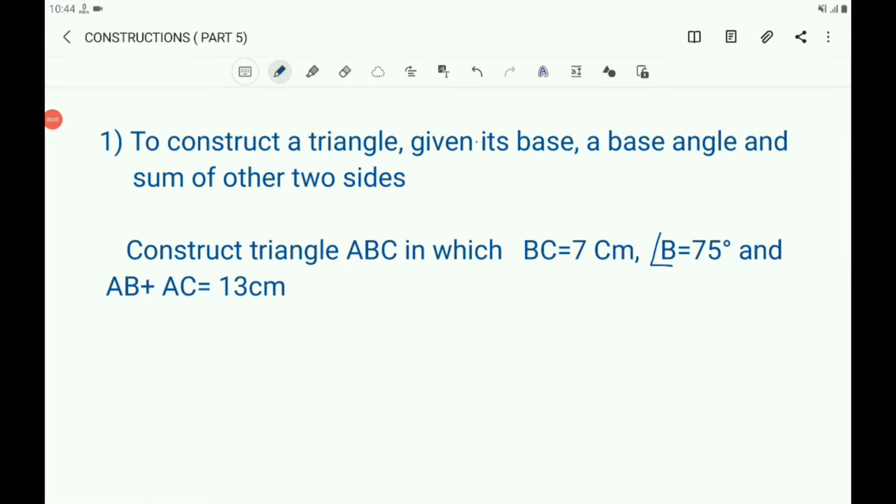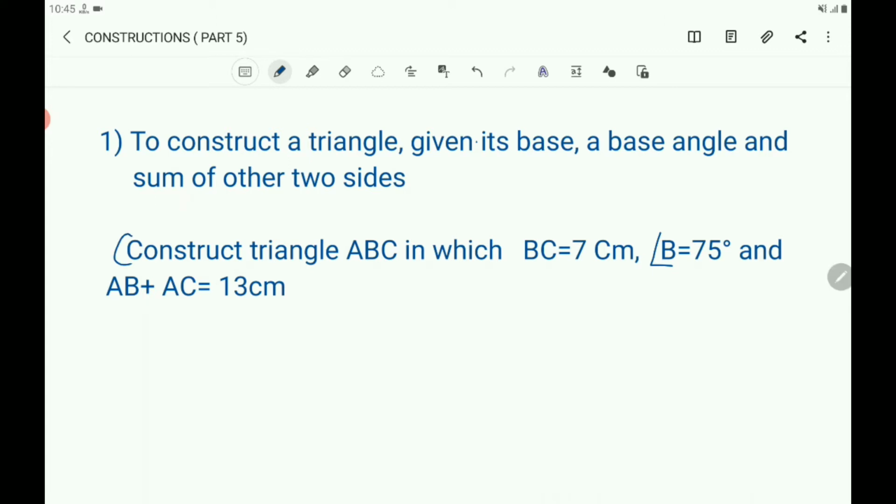To construct a triangle, given its base, a base angle and the sum of the other two sides. Here, what will they give? The base will be given, the base angle will be given, and the sum of the other two sides which are not the base will be given. Let us take one example.